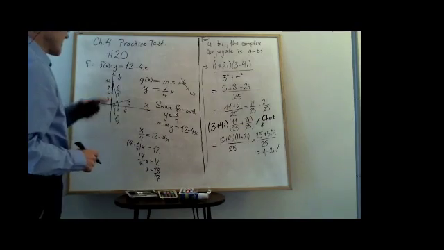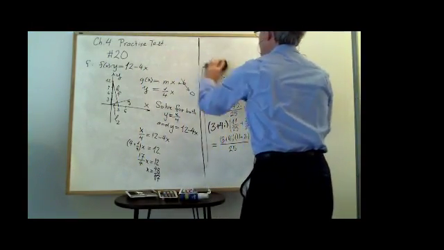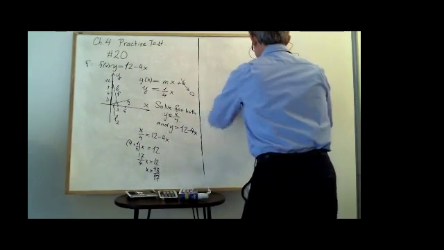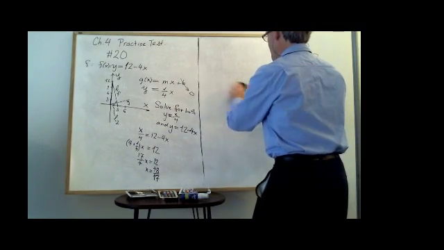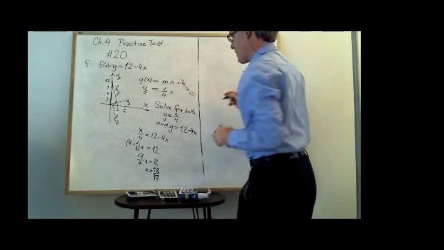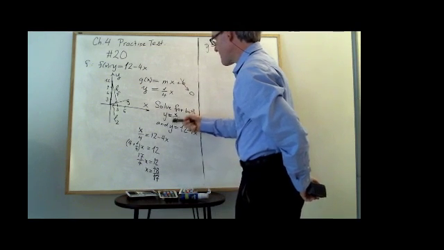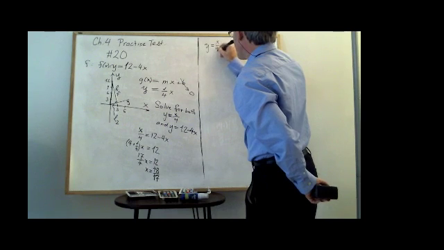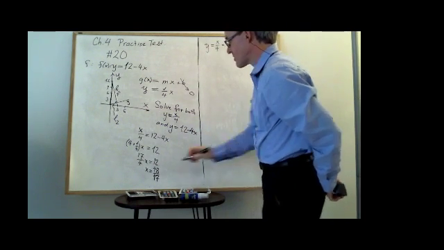And on the other side, let's calculate the other coordinate. y is equal to, and we can simply use this equation. That's the simplest way to get y, and you can check it with the other equation if you wish. It's always good to check.